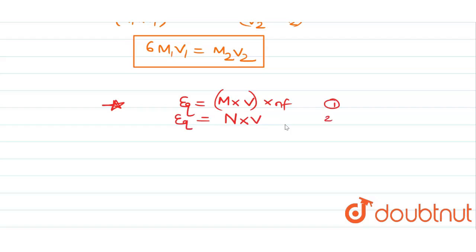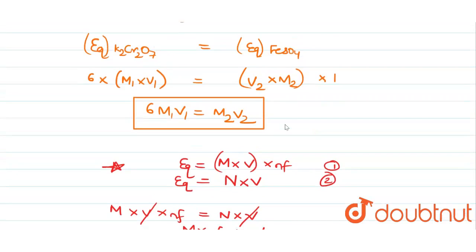So when we equate both, we get molarity into volume into n factor is equal to normality into volume. Volume is cancelled. Now we get molarity into n factor is equal to normality. So over here above we can see that molarity into n factor is normality.